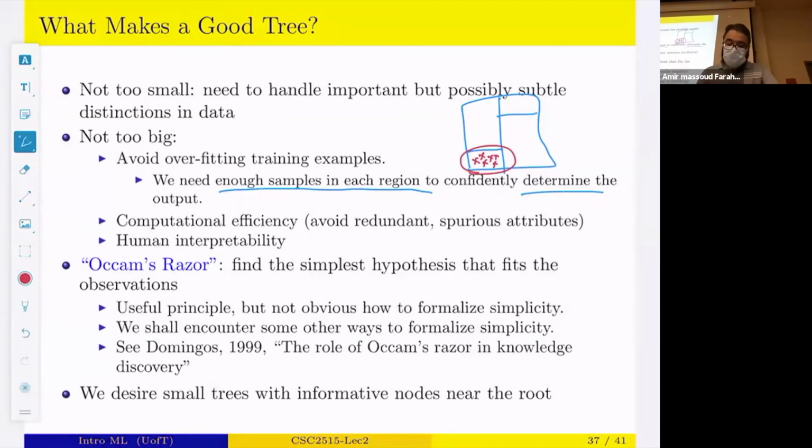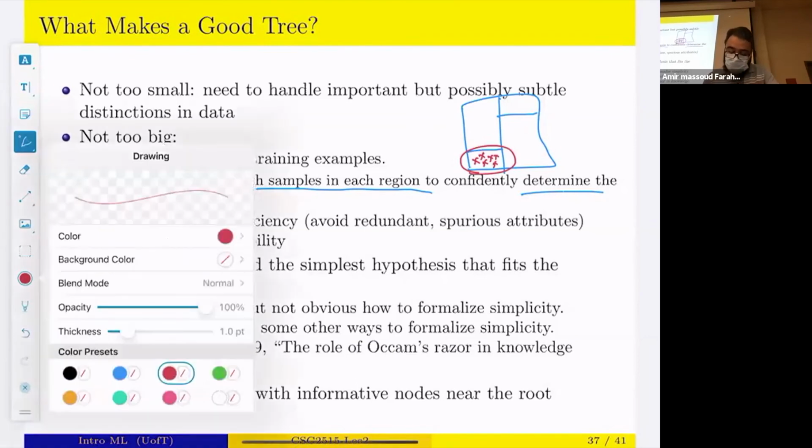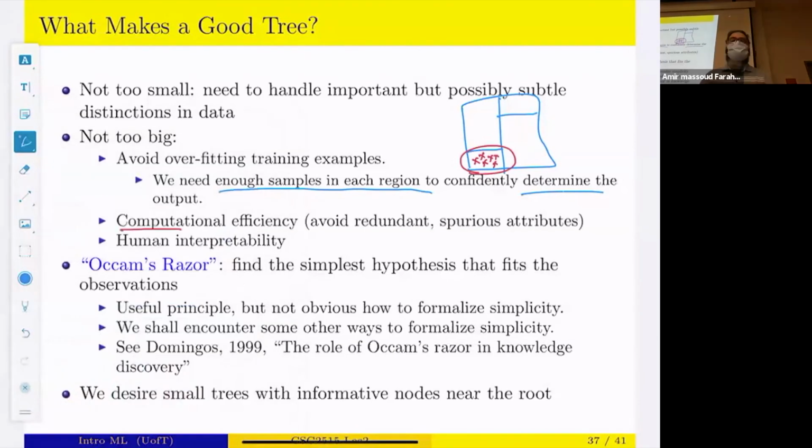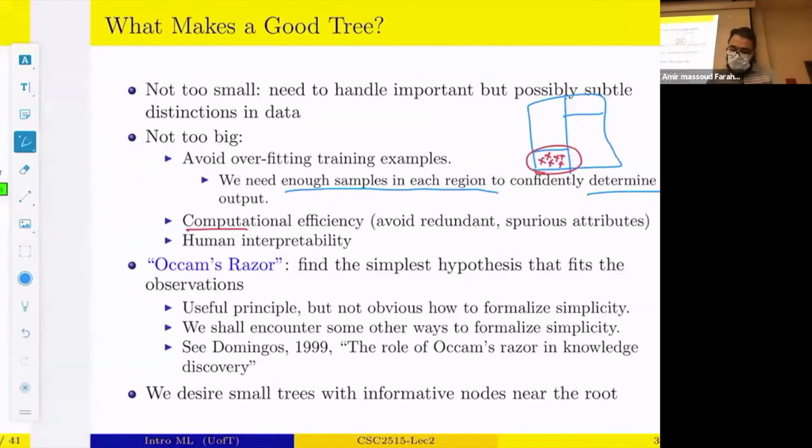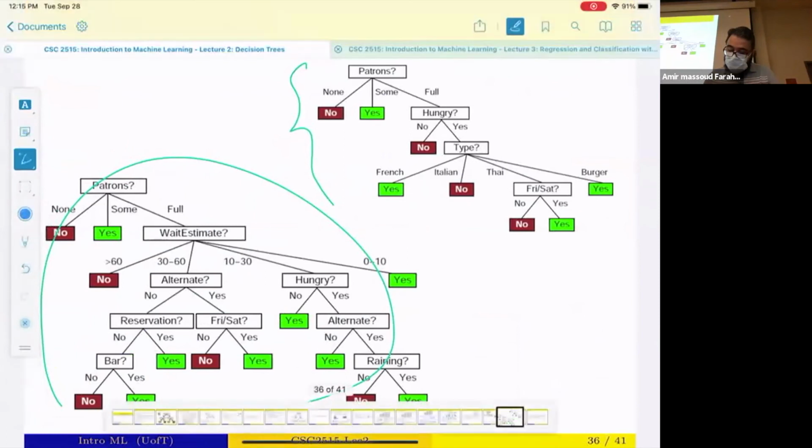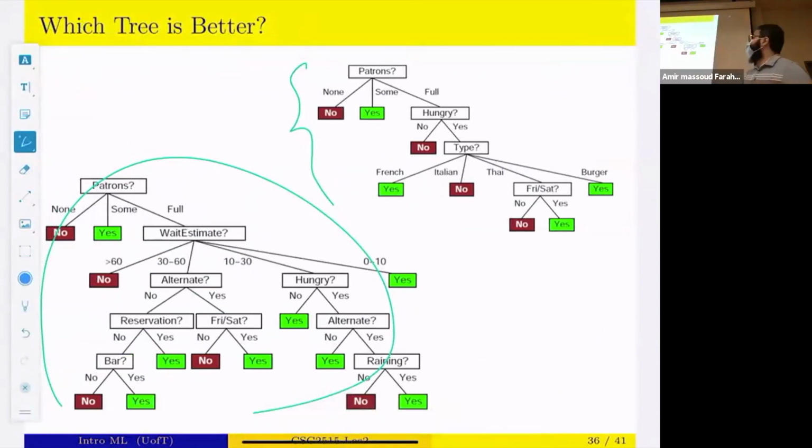Also, if the tree is too big, another problem is computational efficiency. If it is very large, the tree becomes computationally more difficult to construct and also to evaluate. But maybe even more important is how interpretable the tree is. The first tree at the top is probably easier for humans to interpret.